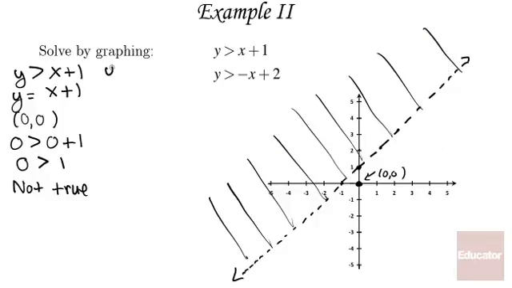Second inequality, y is greater than negative x plus 2. Corresponding linear equation is y equals negative x plus 2. So that gives me a y-intercept of 2 and a slope of negative 1. So decrease y by 1, increase x by 1.